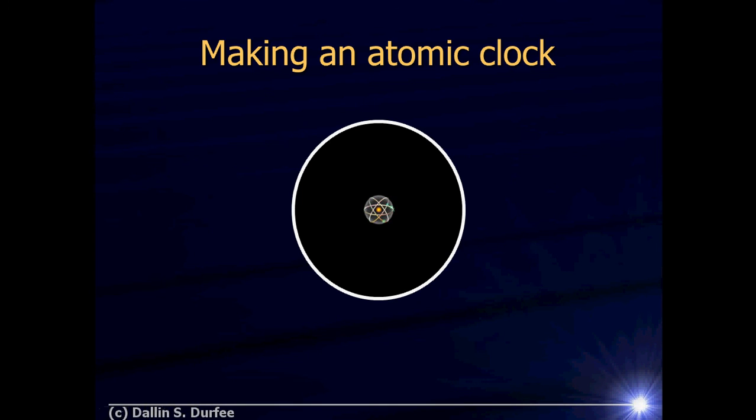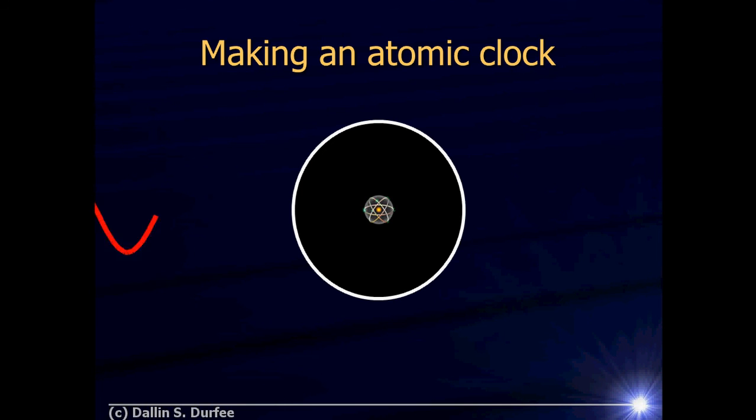And if you take an atom or an ensemble of atoms and you isolate them so that nothing's bothering them, every cesium-133 atom oscillates at the same frequency as every other cesium-133 atom, right? So you pick a particular type of atom, and all clocks based on that atom are going to tick at the same frequency. That's the great thing, our atoms are these ideal little oscillators, and they're all the same.